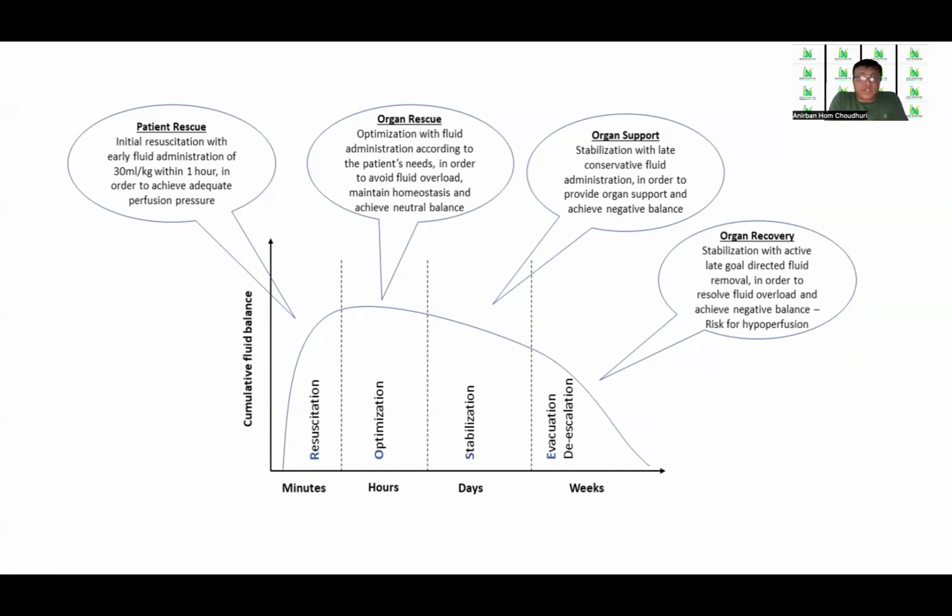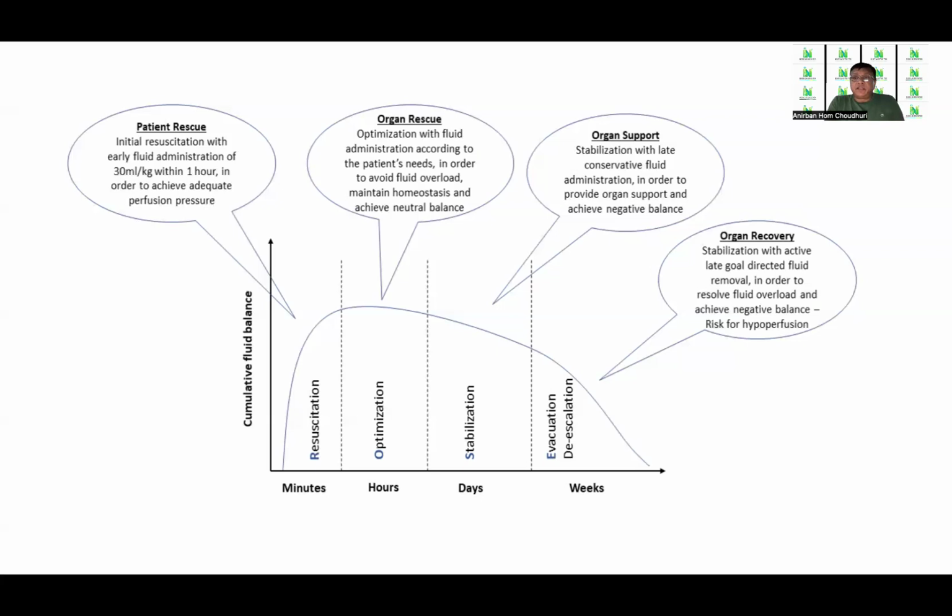So to maintain homeostasis and achieve a neutral balance is the primary target during this phase, which may last from hours to days. The third phase is the phase of organ support, where stabilization with conservative fluid administration to provide adequate organ perfusion and achieve a negative balance is the target. This phase of stabilization may last up to days, 2 weeks.